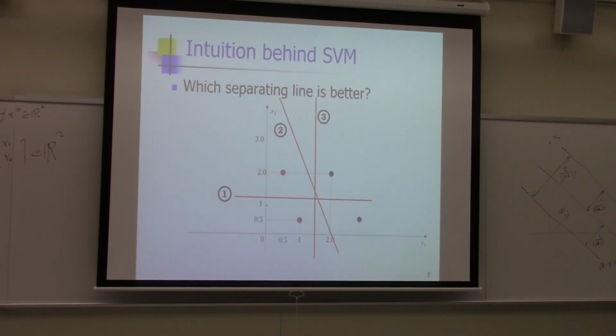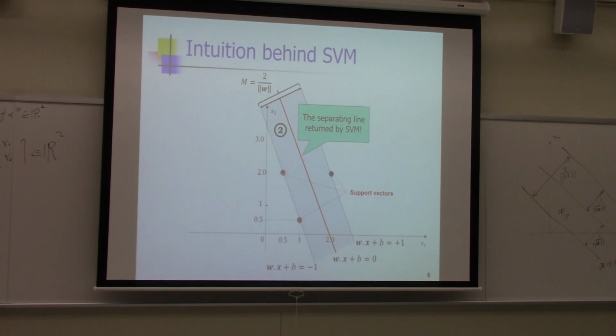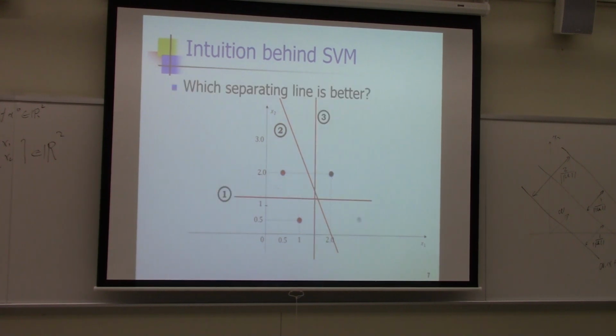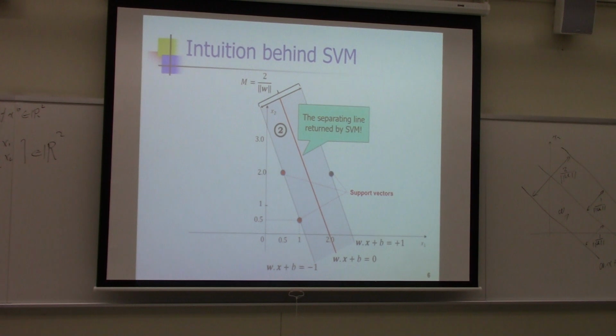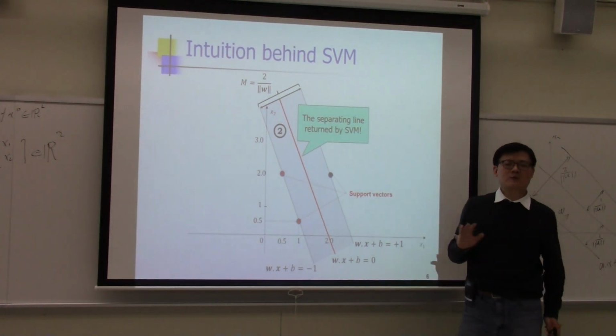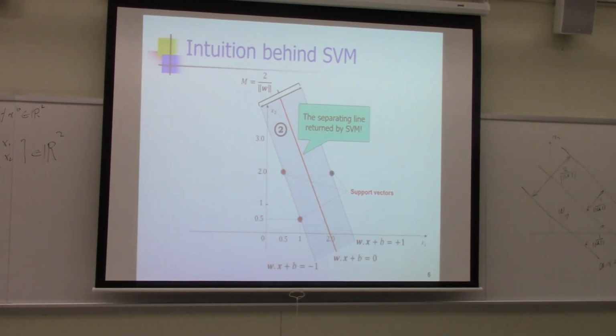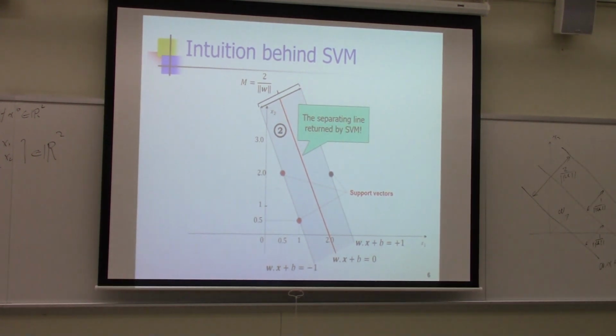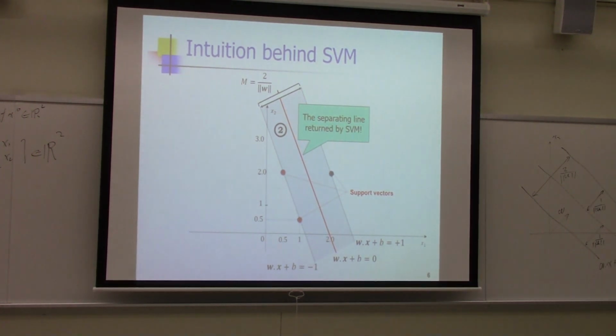Why? Because you see here, this is the largest margin, and the new point we add is here. Okay. So actually, this is called support vectors. Support vectors are the points that decide your line, decide your margin.